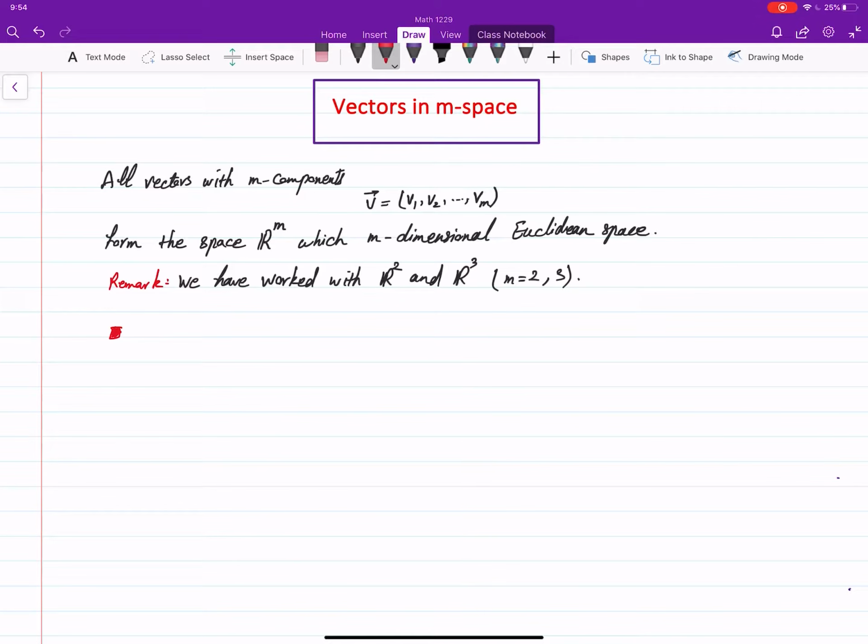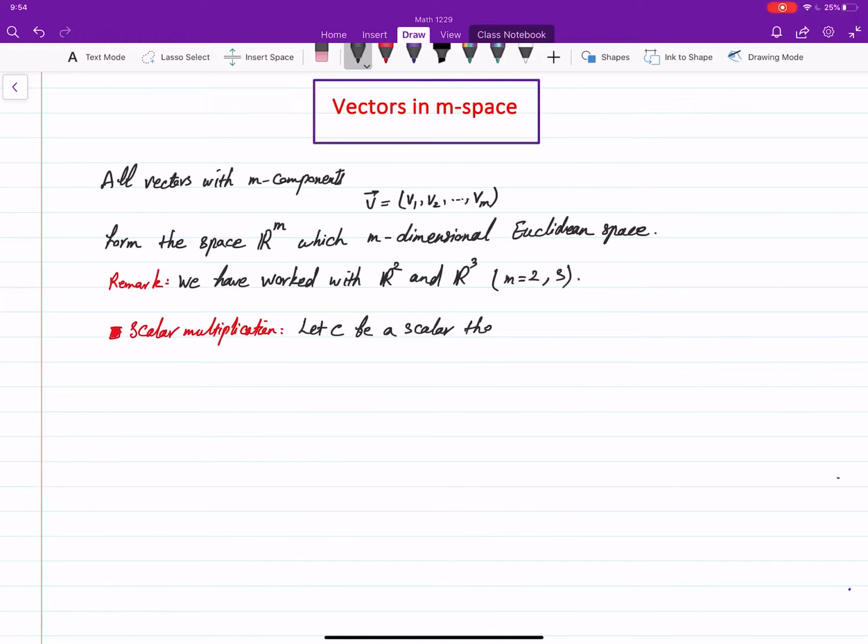First thing, the scalar multiplication still exists. Again, you pick a scalar C. Let C be a scalar.